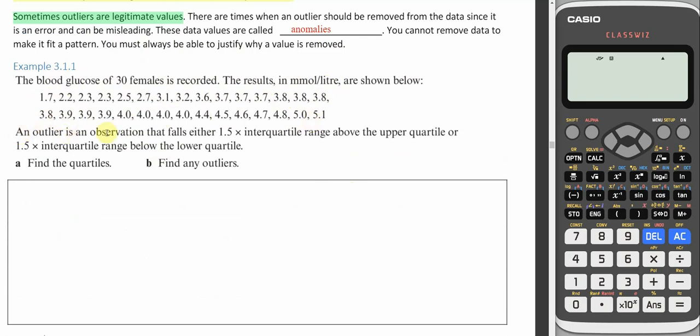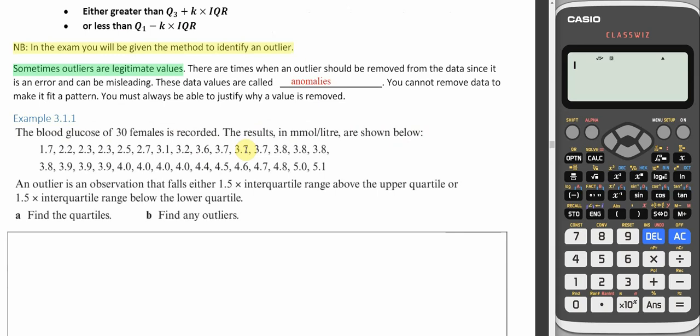An outlier is an observation that falls either 1.5 interquartile range above the upper quartile or 1.5 interquartile range below the lower quartile. So here this question has told us the way to figure out any outliers here. So in other words, in this question, K is 1.5.